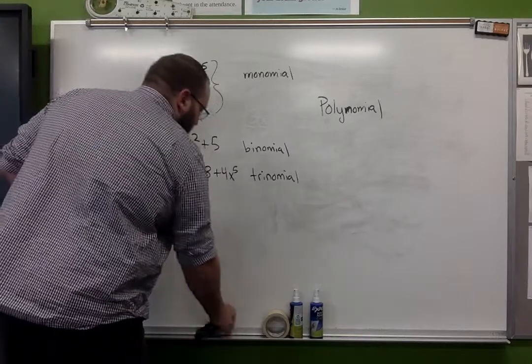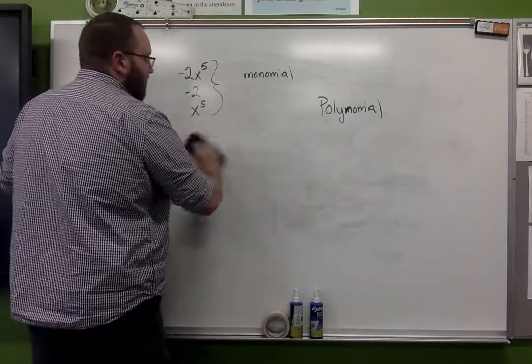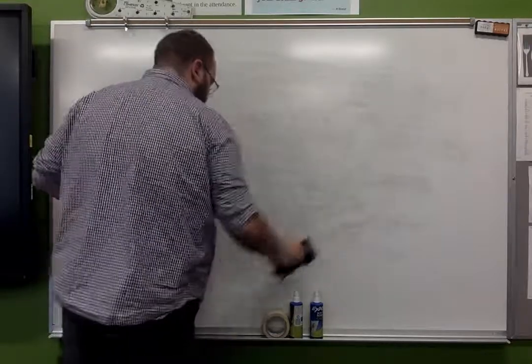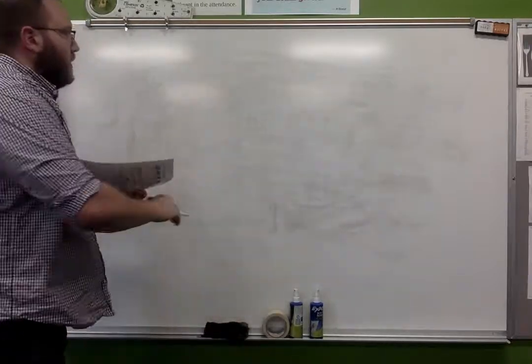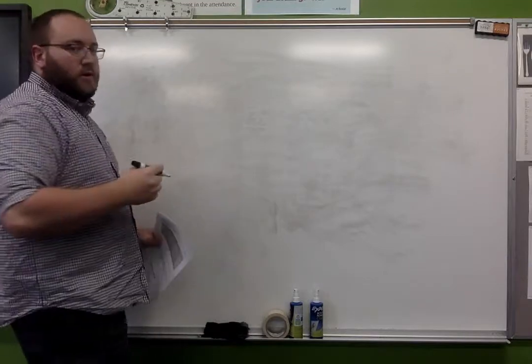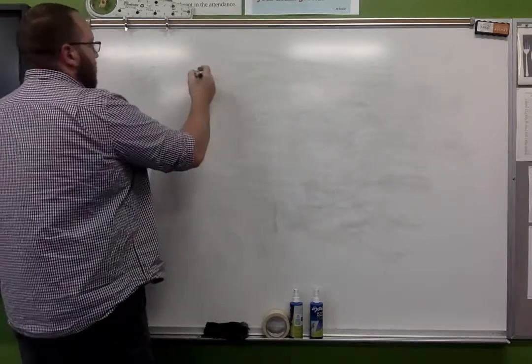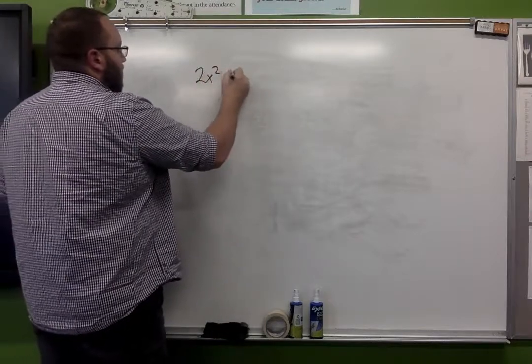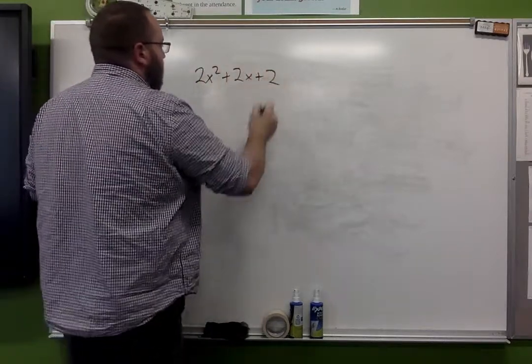The other vocabulary we need to go over is a way of describing a polynomial. The polynomial is described by its degree. So here I'm going to write 2x squared plus 2x plus 2.